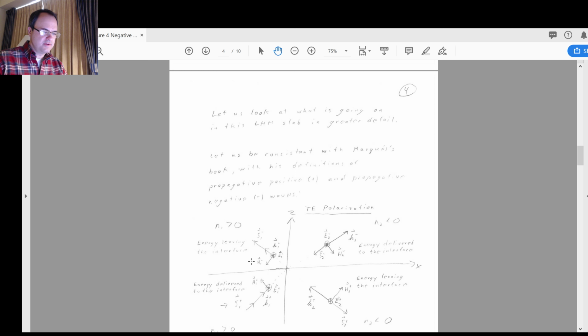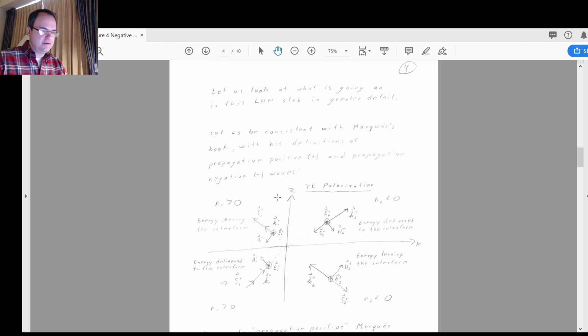Some of his notation is odd, but that's fine. For the sake of ease, because you're going to be reading his book and you want to have these notes be the same, we'll stick with his approach.